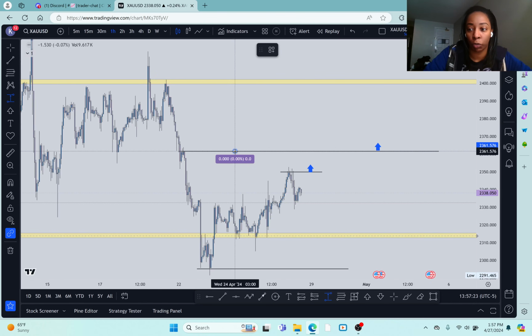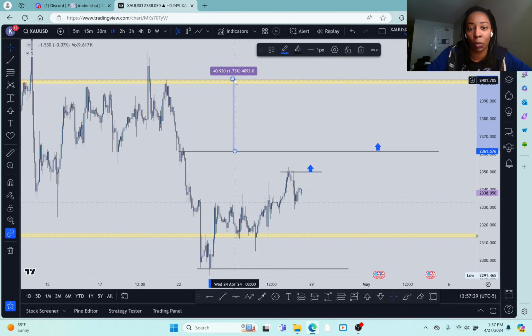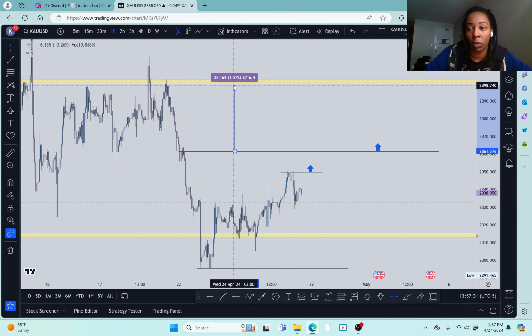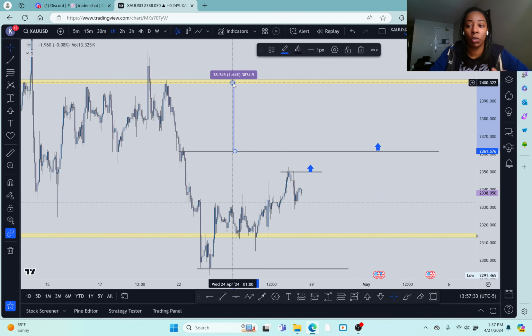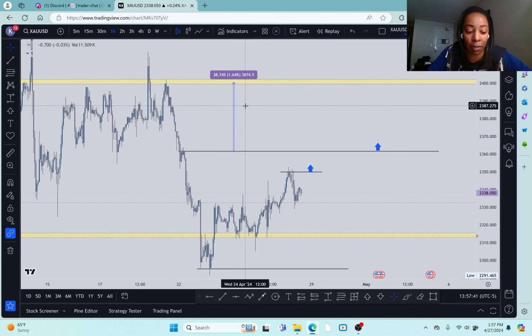So if we measure from 2361 all the way up to this 4200 level, let me get it kind of even, then that's 300. Wow, that's 387 pips. That is insane. And definitely a lot of money could be made potentially for me if I was to take this trade and it was in my session and all of those good things.